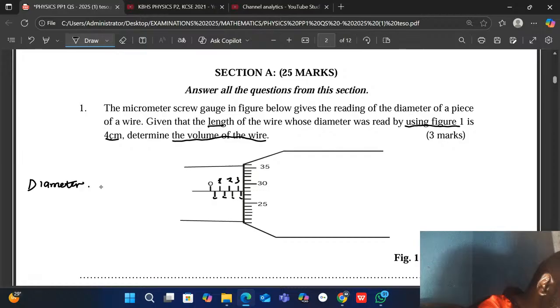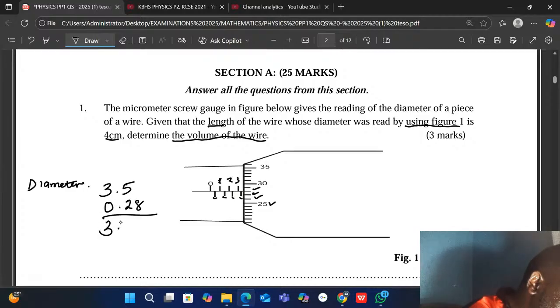So it becomes 3.5 plus the thimble scale reading, this is 25, so 26, 27, 28 times 0.01 becomes 0.28. So that our diameter becomes 3.78 millimeters.